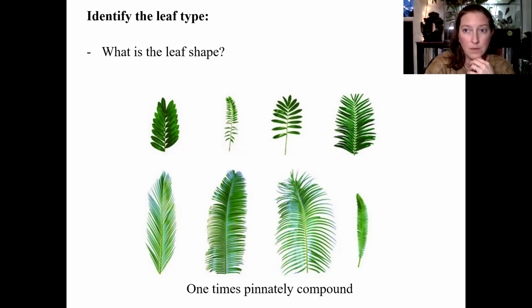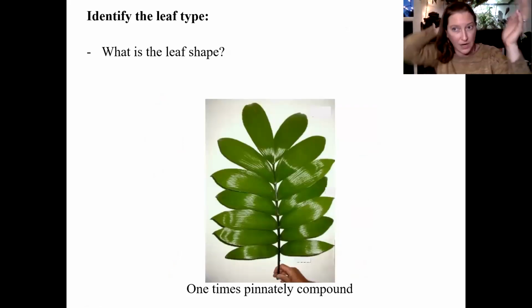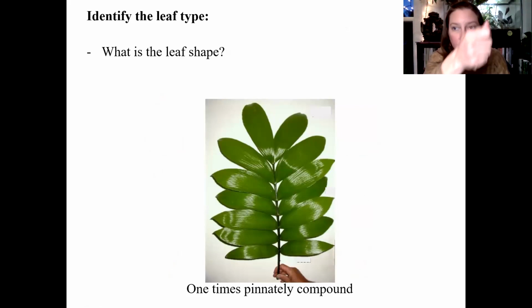So all of the leaves on this slide are actually 1 times pinnately compound. So this is how you should be thinking. That's that leaf that I circled, holding it to show you. Look, 1 division. It's a compound leaf, it's pinnately shaped, shaped like a feather, 1 time of division. Okay.